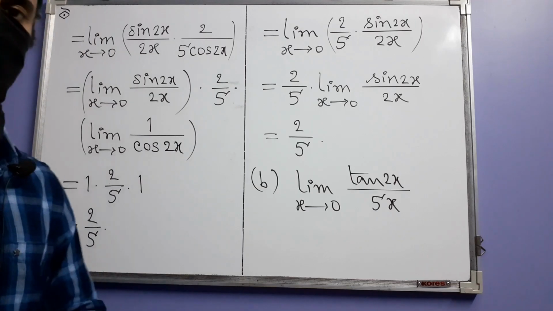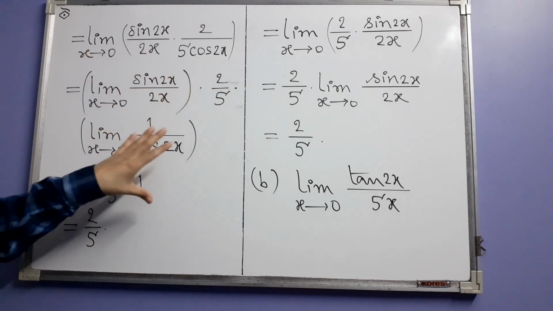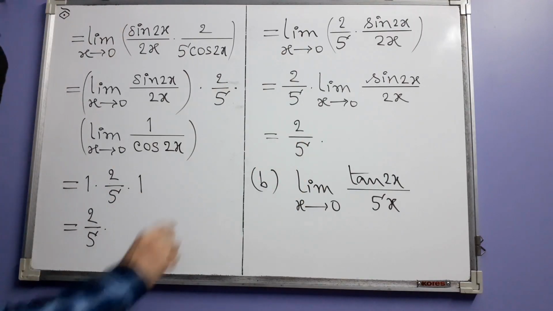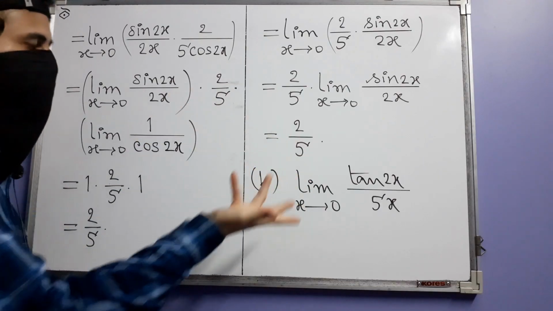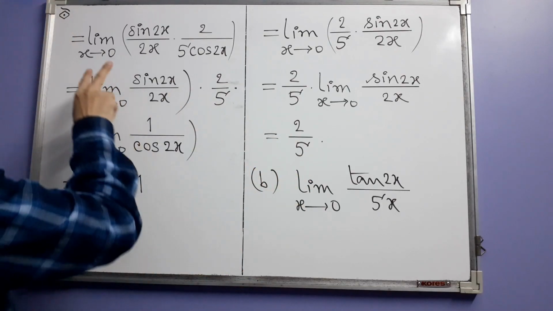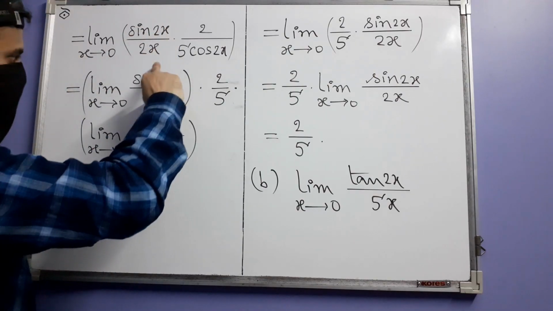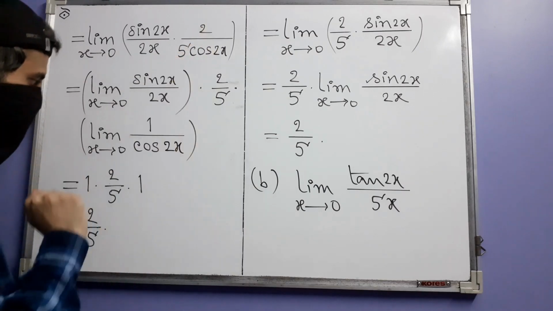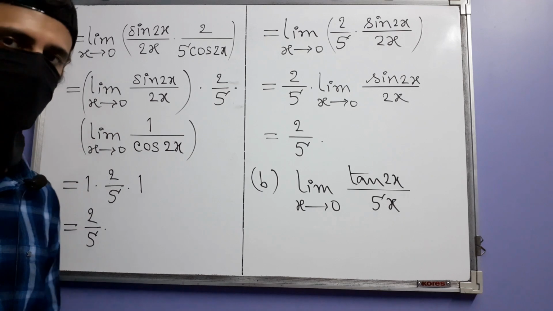So next what we do, of course the limit will get distributed over these individual factors, and because 2 divided by 5 is constant, it comes outside the limiting process. So this equals the limit of sin 2x divided by 2x times 2 divided by 5 times the limit of 1 divided by cos 2x.